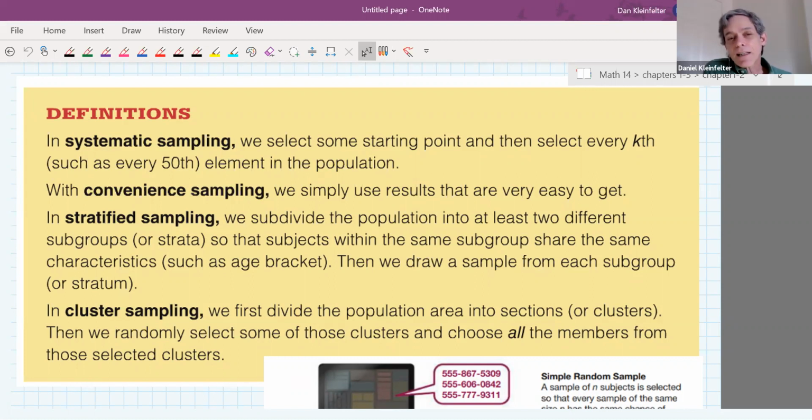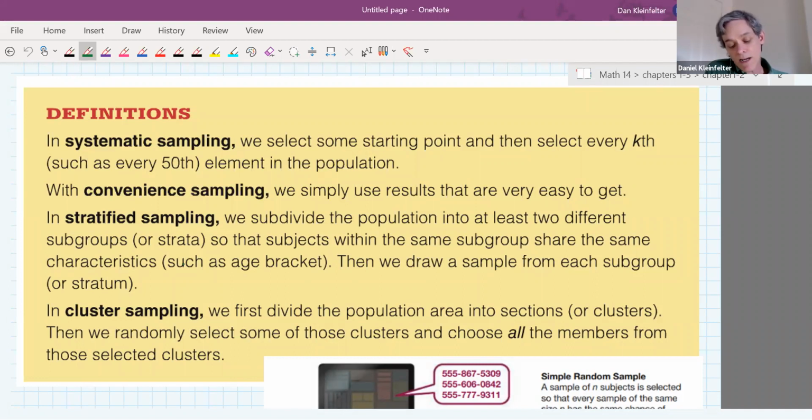Stratified sampling and cluster sampling are two types of sampling that are easily confused. People get easily mixed up between the two, so we'll try to be careful about those. In stratified sampling, we subdivide the population into at least two different subgroups called strata, so that the subjects within the same subgroup share the same characteristics, such as age bracket or major in the case of students, or eye color, or some other feature.